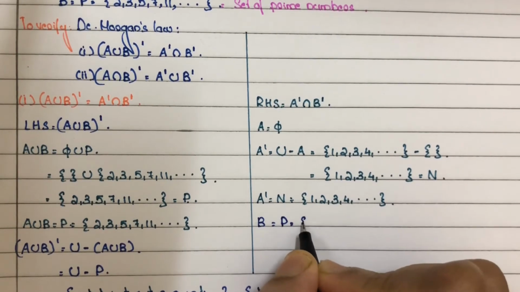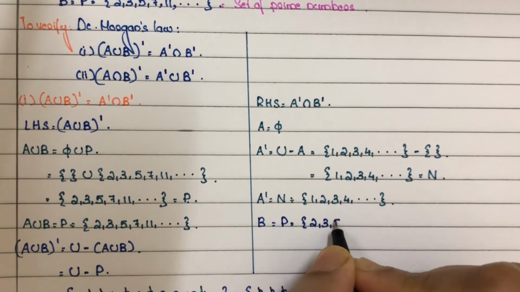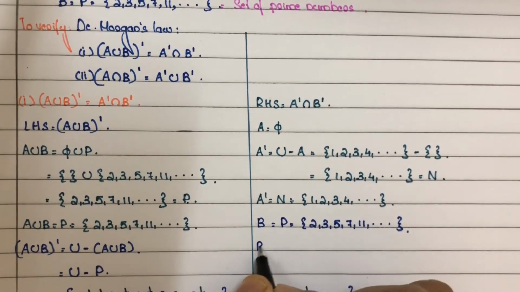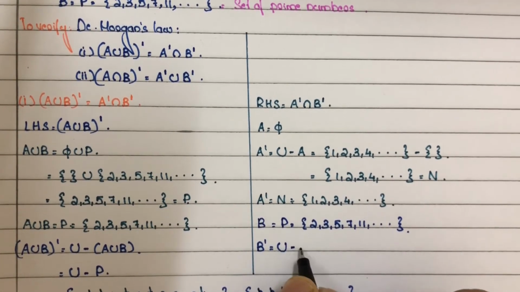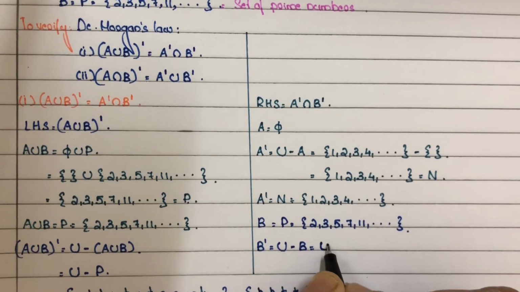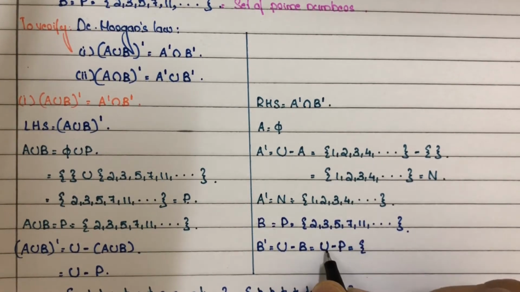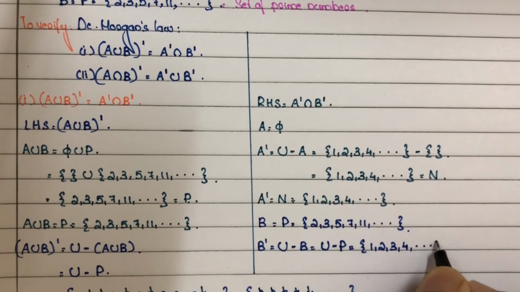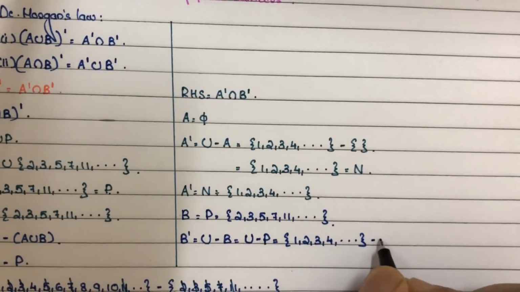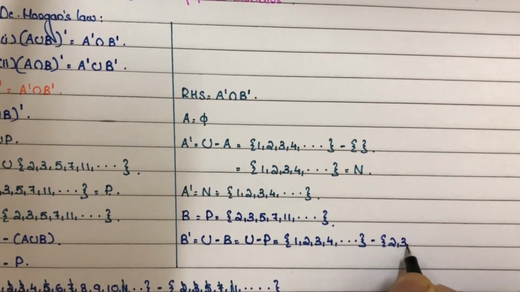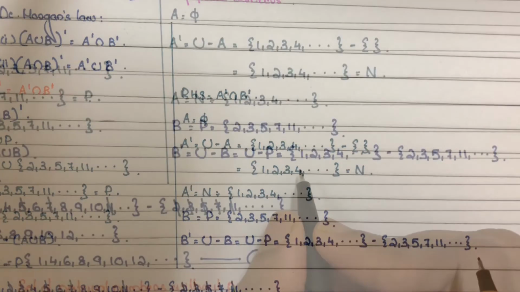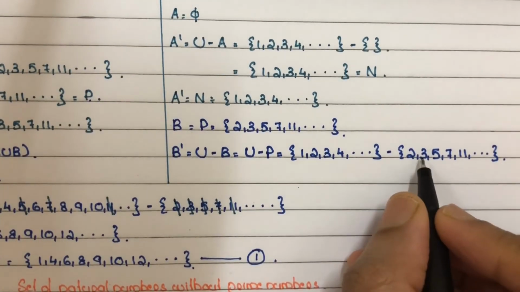P equal to 2, 3, 5, 7, 11, etc. So B complement is equal to universal set minus B. That is U minus P. U is given as set of natural numbers, 1, 2, 3, 4, etc., minus set of prime numbers 2, 3, 5, 7, 11, etc. Set of natural numbers minus set of prime numbers.